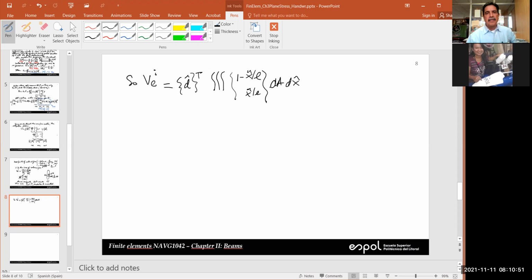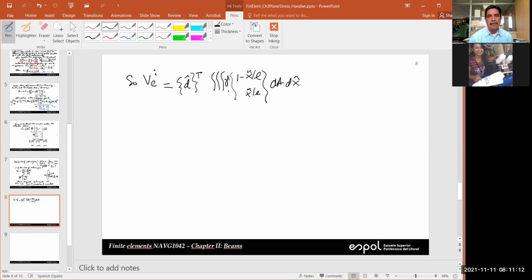Now, since A is a constant, we can take this outside, and we need a gamma. That's a force per unit volume. So we need to integrate that now.